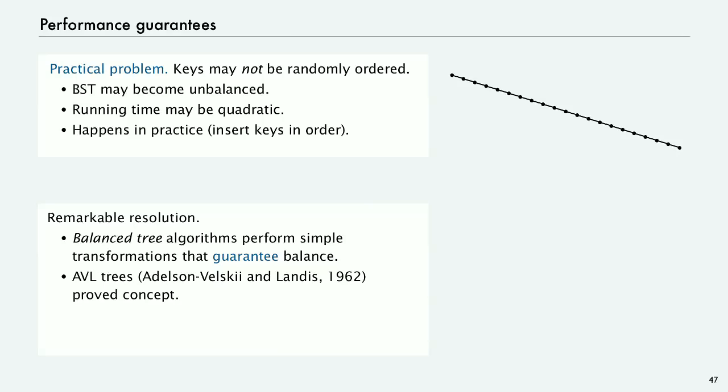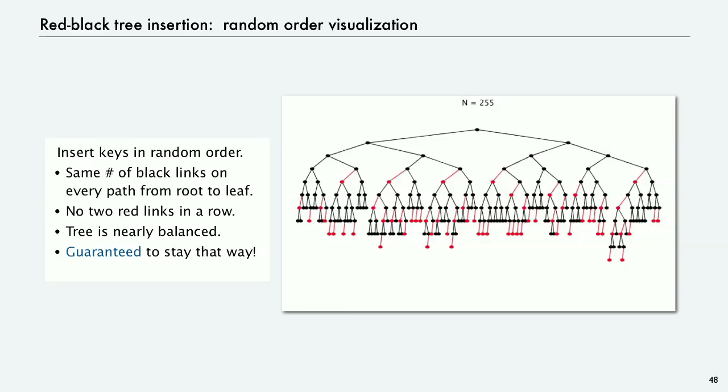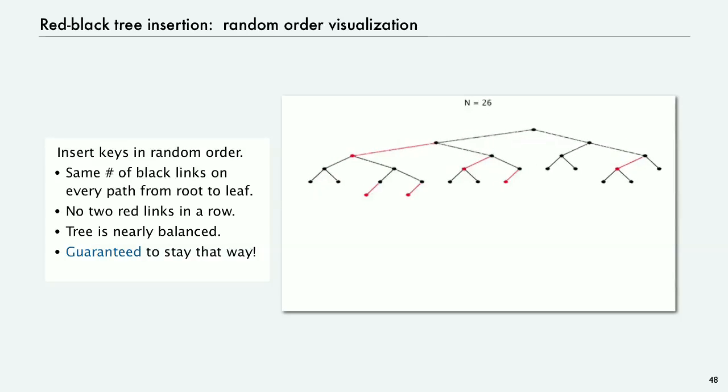This has been known for a long time, since the 60s. And right after graduate school, a fellow graduate student and I developed an implementation called red-black trees that are found in most modern systems, including Java. The Java symbol table is built on red-black trees. Here's a simulation of a red-black tree for the 255 keys.